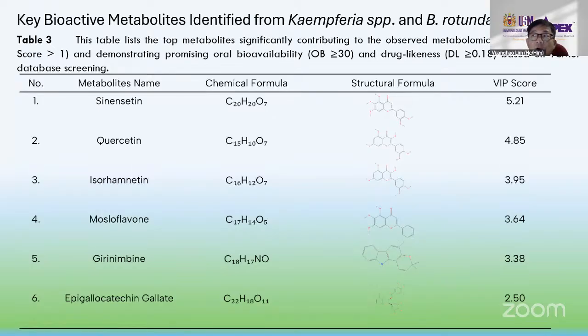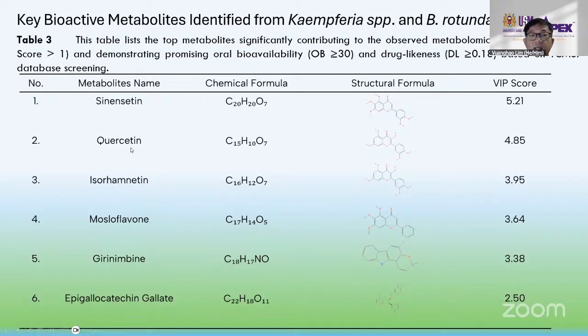So from all the values that we have obtained together with the VIP, we shortlisted several metabolites with favorable drug likeness and oral bioavailability. So we can see that the most interesting compounds were phenetidine, quercetin, isotretinoin, mosloflavone, and also epigallocatechin gallate. So we can see that these compounds have previously been associated with antioxidant, anti-inflammatory, and also some anti-cancer activities.